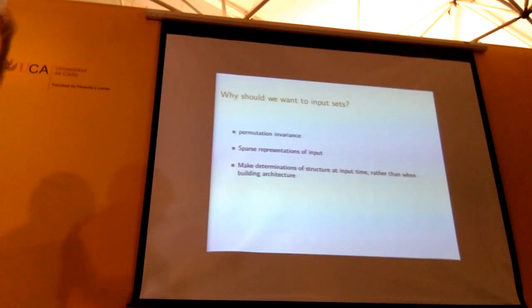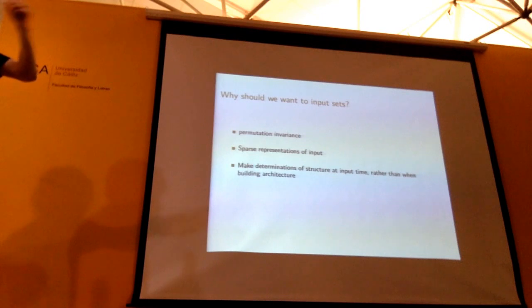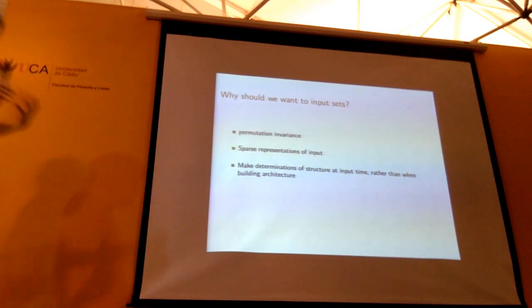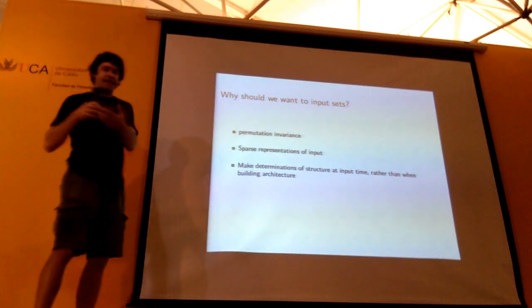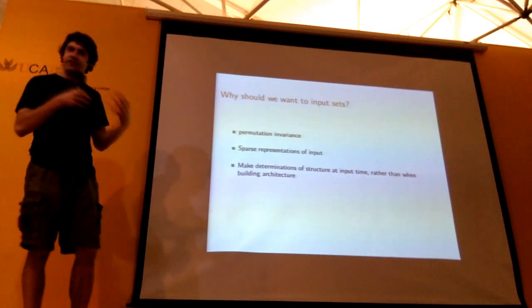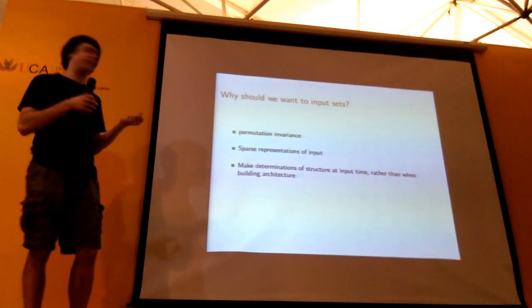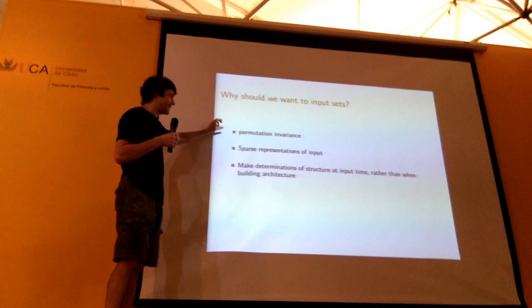And it doesn't matter whether it's agent 1, agent 2, agent 3, or agent 3, agent 2, agent 1. The order doesn't matter, right? And it's important that your neural network respects that. And it doesn't matter how many there are, or how few there are. You want your network to be okay with that. So that is a kind of invariance in your data, and sometimes you need to deal with that. Permutation invariance is actually a thing.